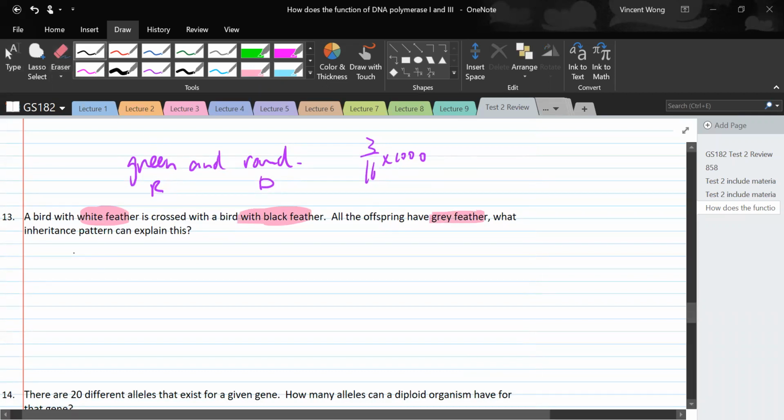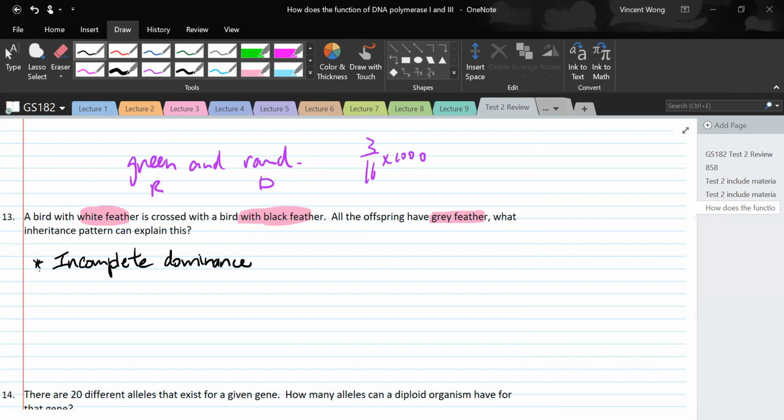So this would be an example of incomplete dominance. If the bird has white feathers intermingled with black feathers, then that would be codominance in that case. Both show up, right?